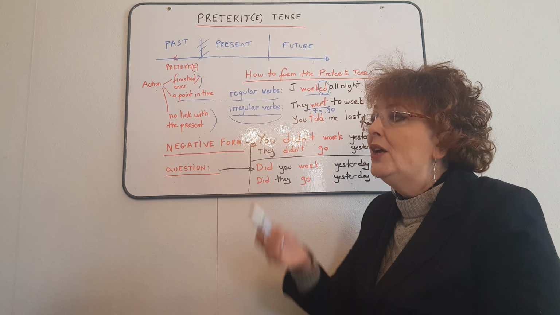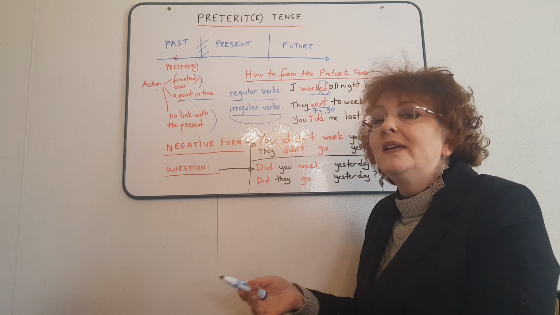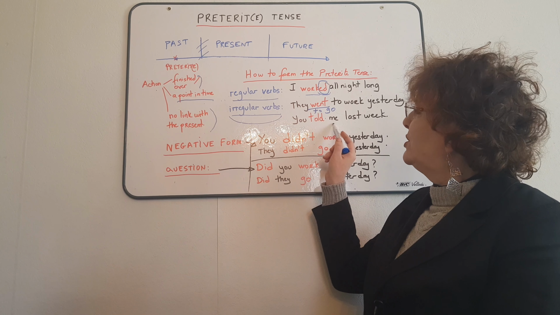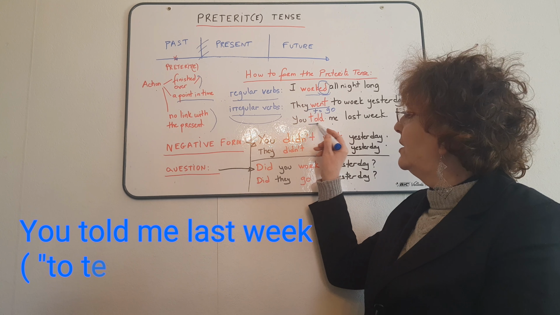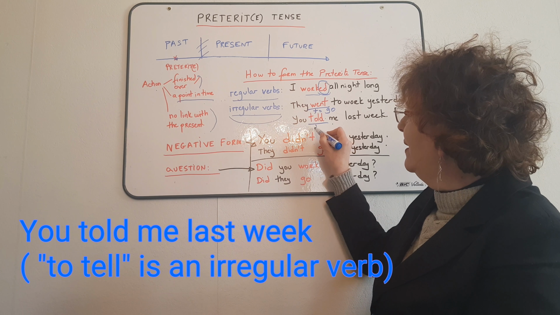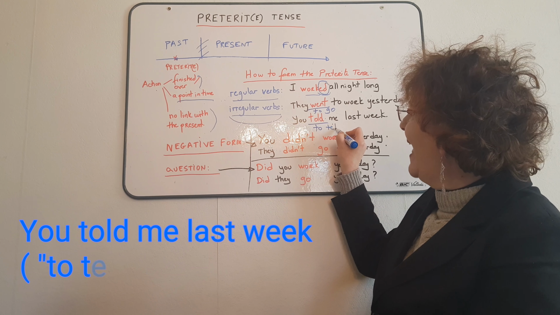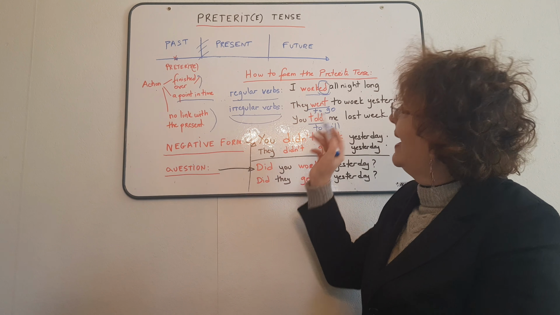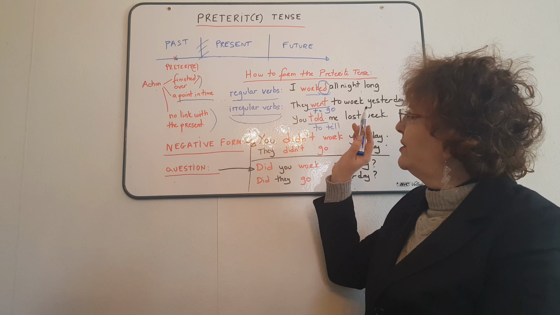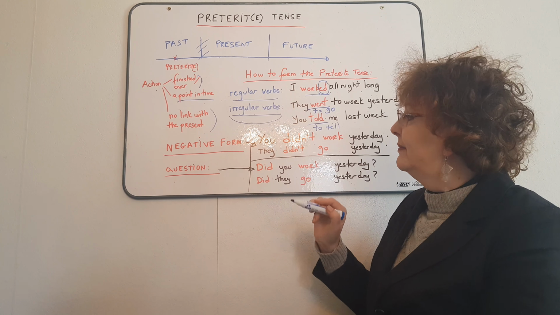So you have to learn to go is went in the preterite tense. Another example. You told me last week. Told is the preterite tense of the verb to tell. So this is how we form the preterite tense when we use an assertive sentence.